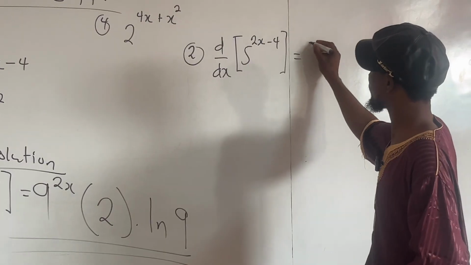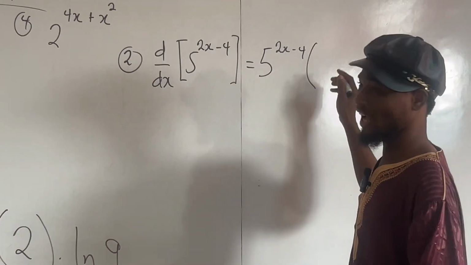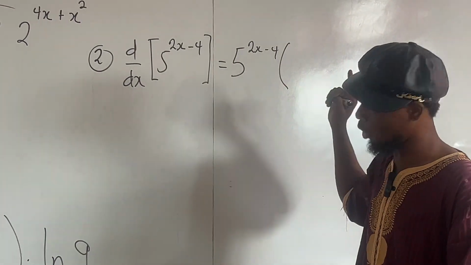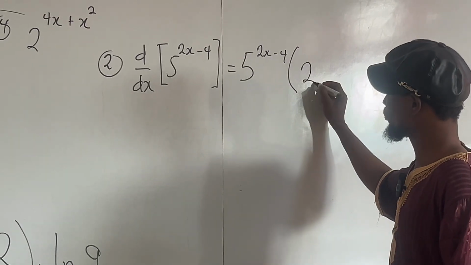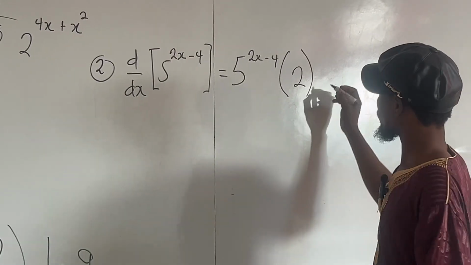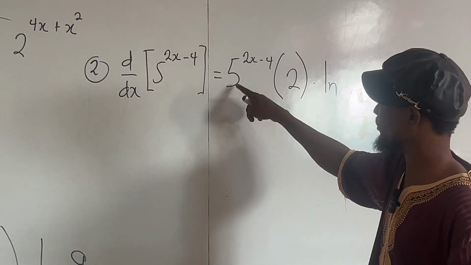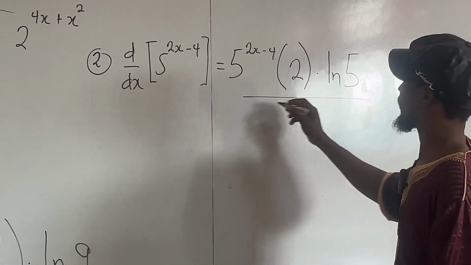We rewrite it as 5 to the power 2x minus 4, then times the differential of the exponent, power or index. If I differentiate 2x, I will have 2. When I differentiate a constant, I have 0. Then times log of a, which is my 5. As simple as that.